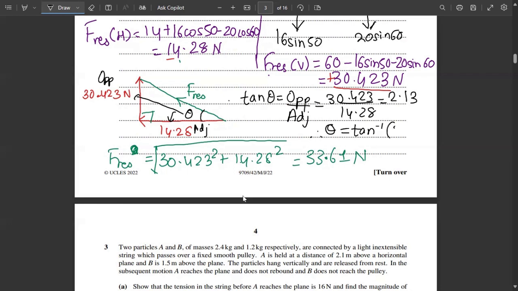So tan inverse of 2.13, if put in the calculator, then the value of theta will be 64.85 degree. So the answer is 64.85 degree. So finally, the answer is 36.6 Newton and 64.9 degree. And that's how we end this question.